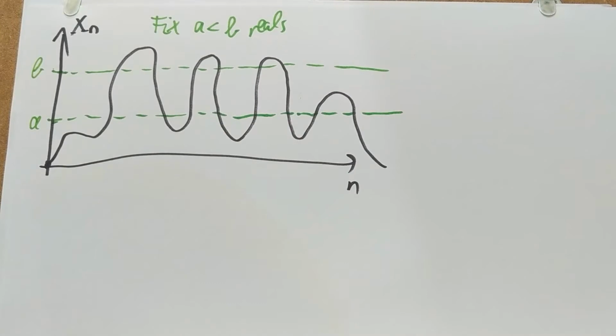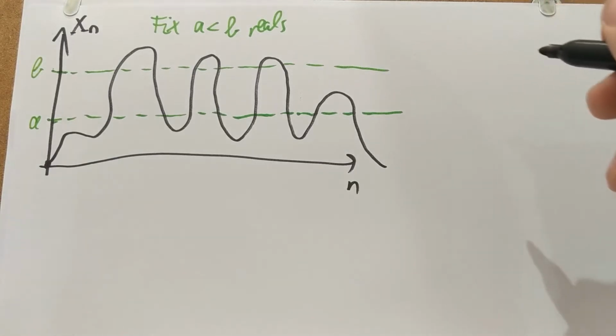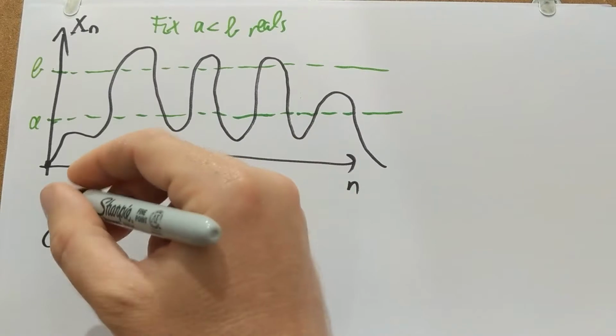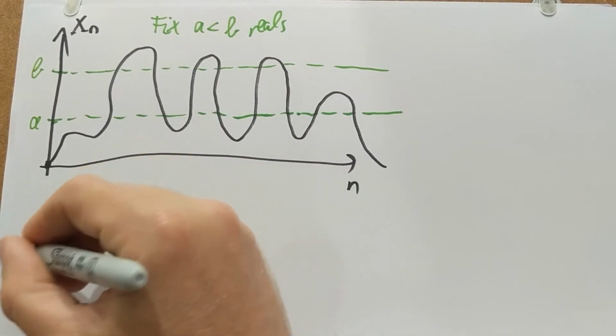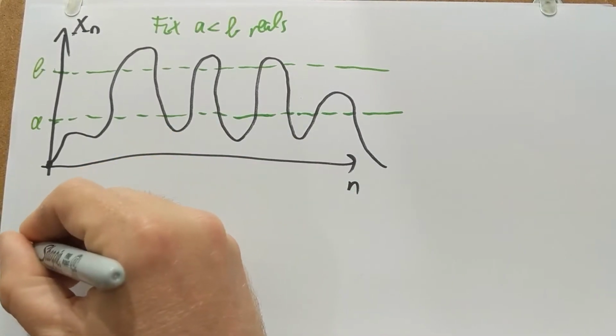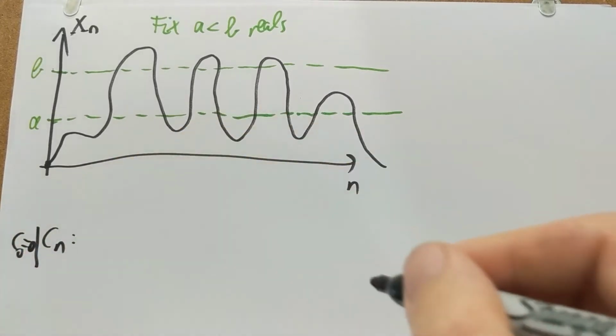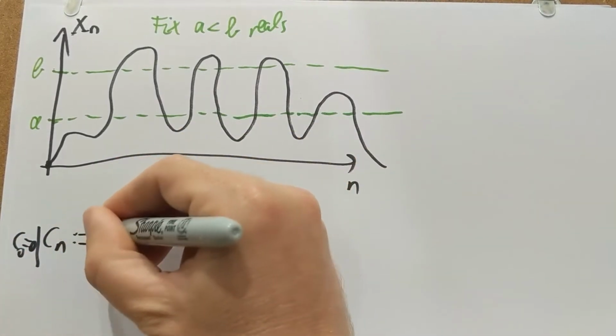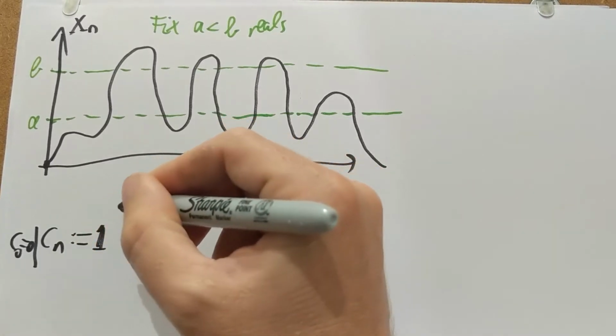And I'm going to introduce some interesting quantity. So C_n is going to be the following. Well, first of all, I'm going to say that C_0 is 0. It doesn't really matter. C_0 is 0, and C_n is defined recursively depending on what x does.